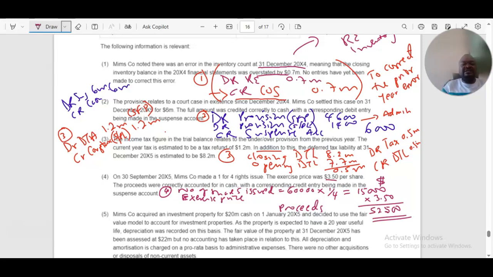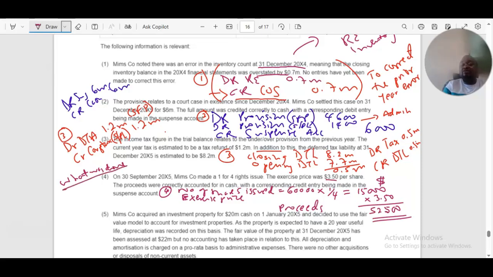Because the examiner is actually saying these guys rightfully accounted for the cash, but they put the other side of the entry to the suspense account. So these are proceeds. What was done? Let me just say what was done.